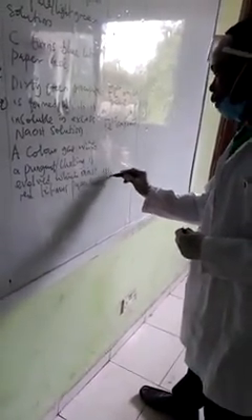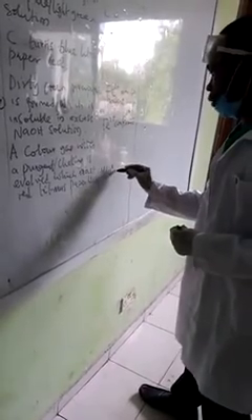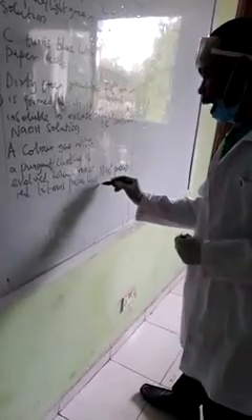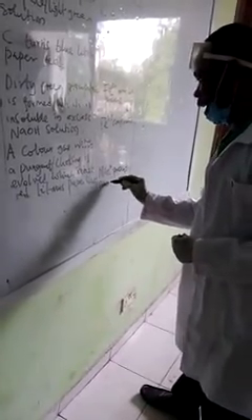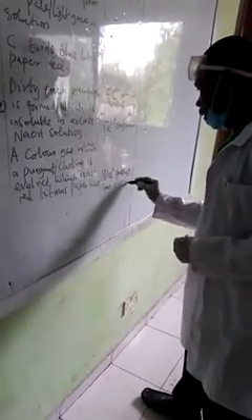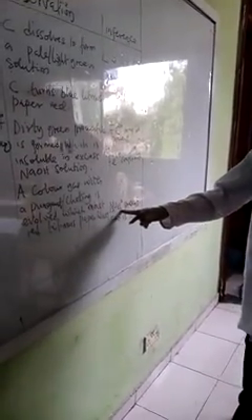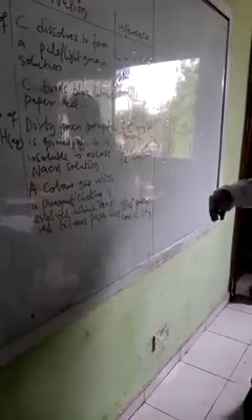Ammonium ion present or confirmed. And the gas is what? The gas is ammonia. Do you understand? You can also say ammonia gas from ammonium ion present.